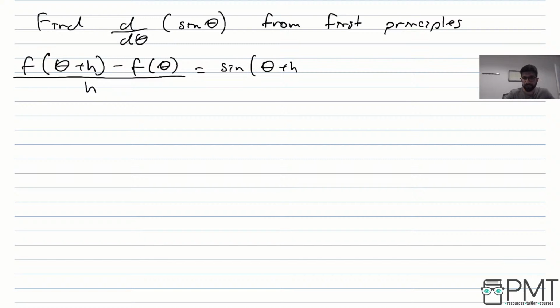So can you tell me what the addition formula for sine of theta plus h is? Who can tell me? Does anyone know that one? So we have minus sine theta divided by h.